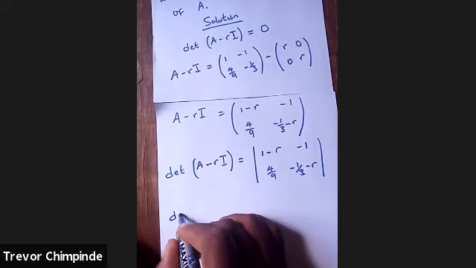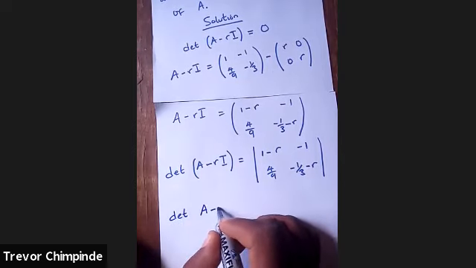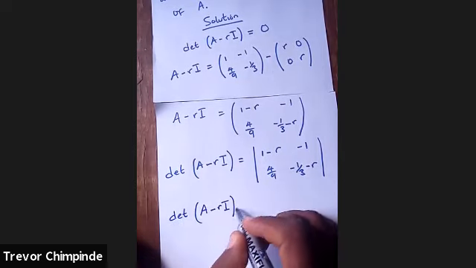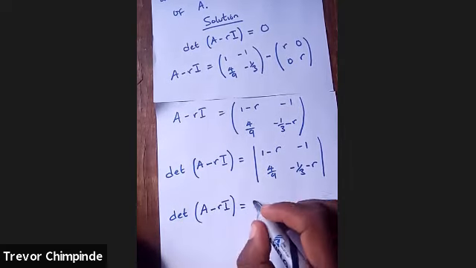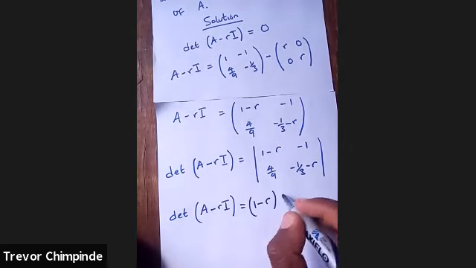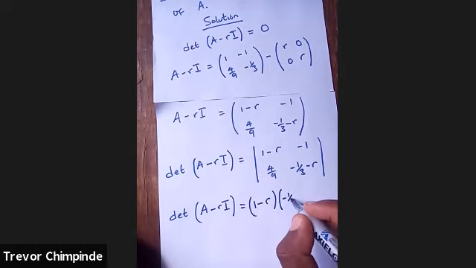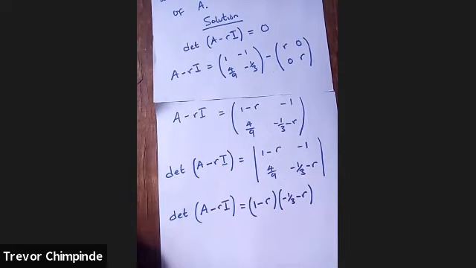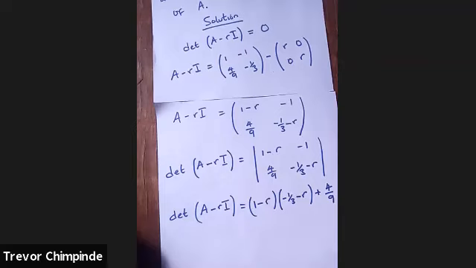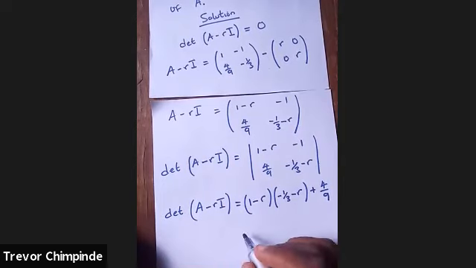So the determinant of A minus RI is equal to 1 minus R times -1/3 minus R, then minus -1 times 4/9, so it becomes plus 4/9.